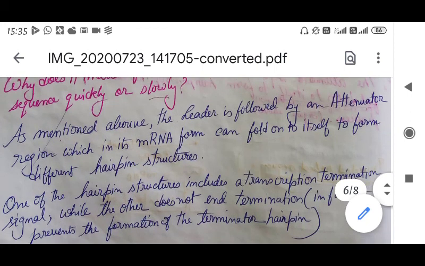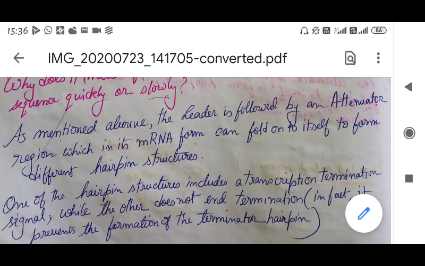Again I repeat, when this attenuator region is transcribed to form the mRNA, this mRNA attenuator region can fold onto itself to form different types of hairpin.